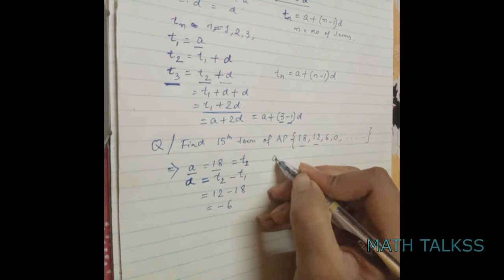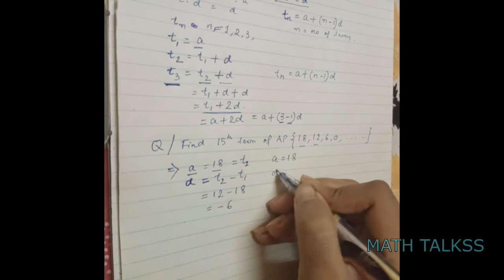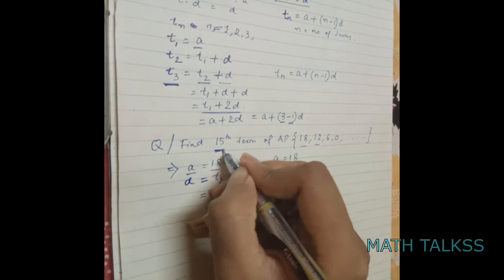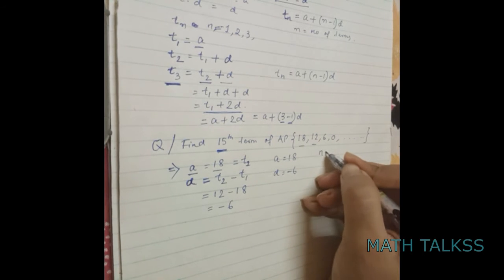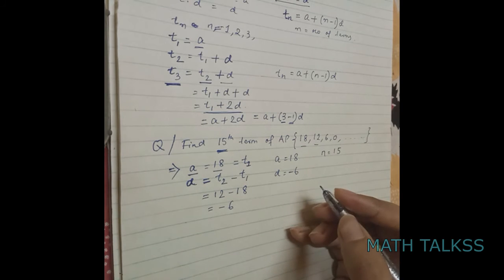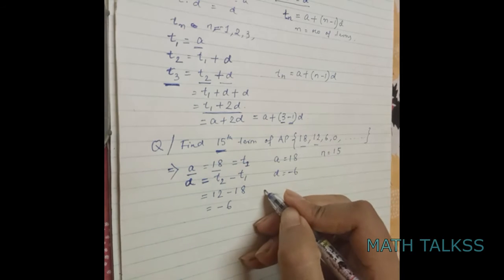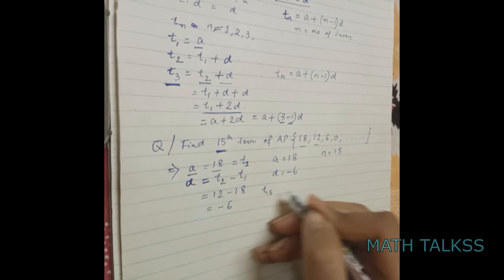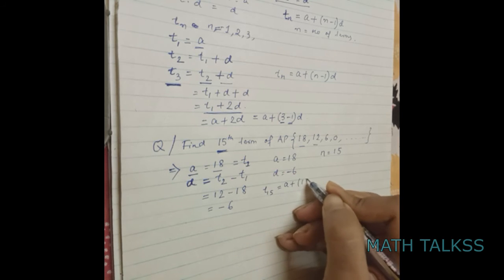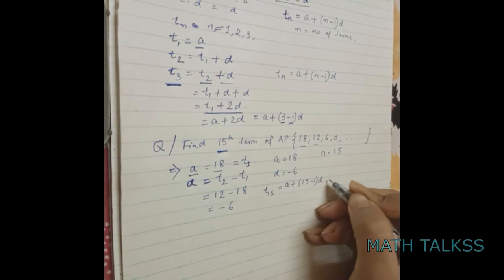So we have a is equal to 18, d is equal to minus 6, and the number of terms n is given as 15. We are asked to find the 15th term. So we can write T15 is equal to a plus 15 minus 1 into d.